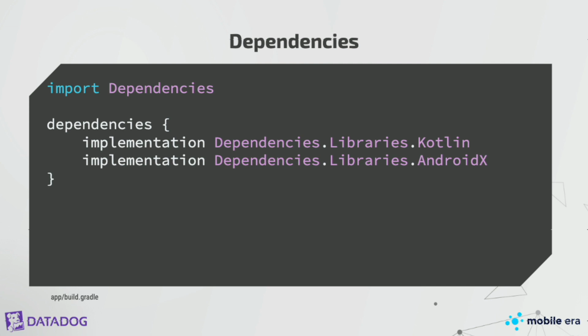So if you want to import libraries, you can just start, say, dependencies.libraries. And then Android Studio or IntelliJ is going to offer you the list of libraries you already know. So very, very nice when you have lots of modules. And of course, it works with implementation, with compile, API, test implementation, and all your flavors the same way you're used to doing.